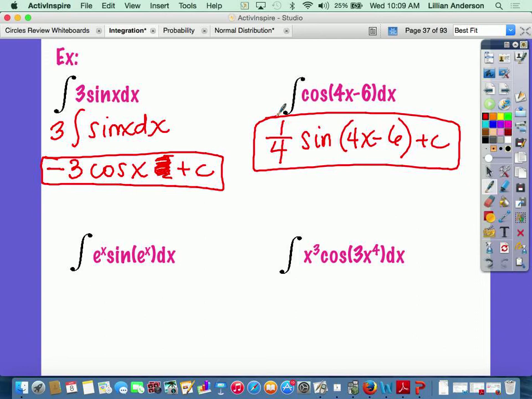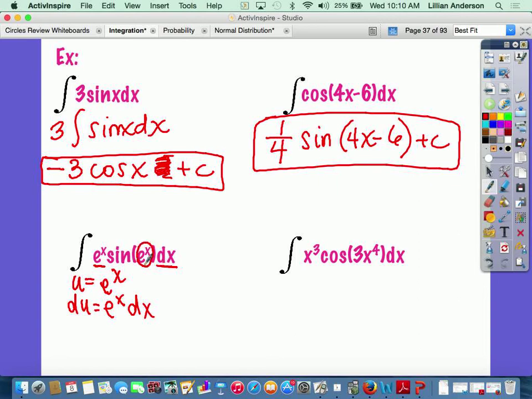All right, the next one. What do you think? I can't use constant rule here. Do I have a linear function? No. Substitution. Because I basically have this function e to the x, and then I have sine of e to the x. So what am I going to make u? It's going to be e to the x. Because what's the derivative of e to the x? And if you look at your problem, here's e to the x that I'm using, and then here's the derivative, e to the x dx. Okay?